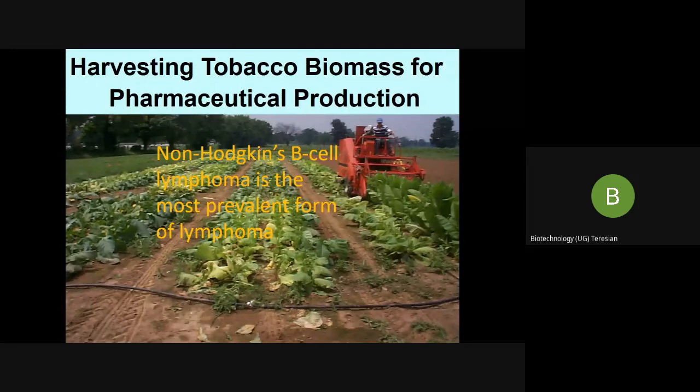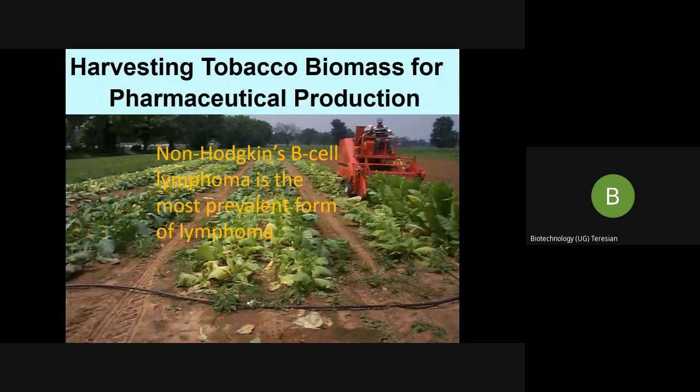One more is, non-Hodgkin's B cell lymphoma is the most prevalent form of lymphoma. What it means is, non-Hodgkin's lymphoma is a cancer of your B cells. How is it formed? We have the lymph nodes, and they become cancerous.